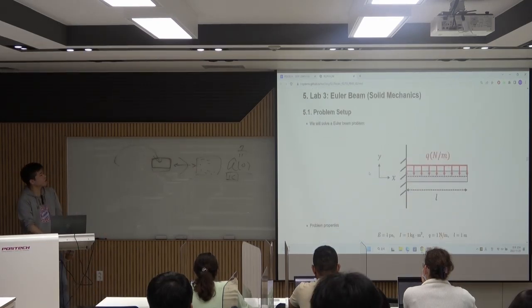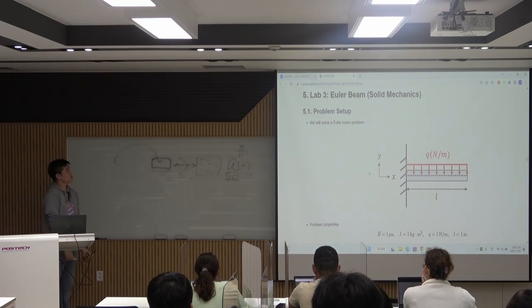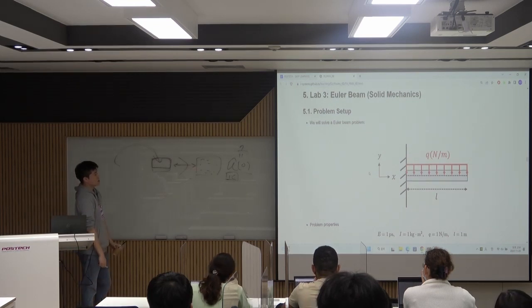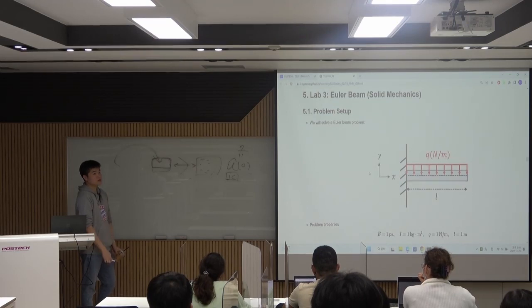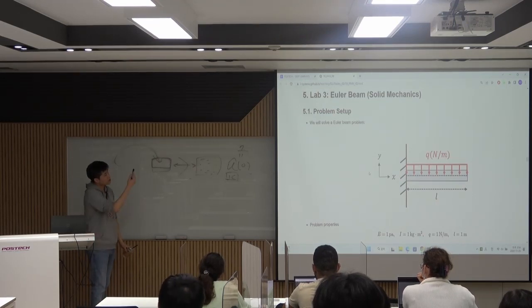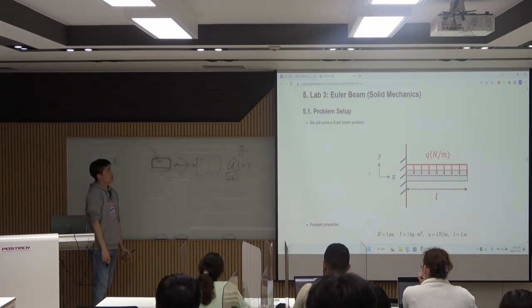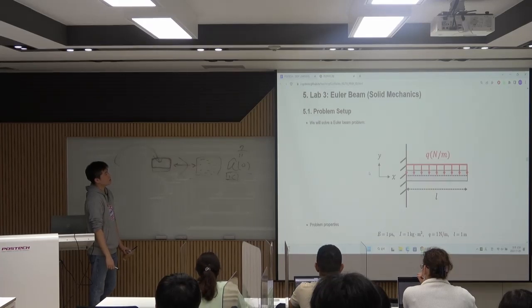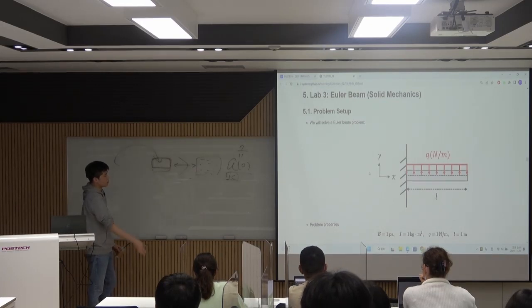Now we're going to go on to some solid mechanics. I'm not going to talk about the details of mechanical engineering or solid mechanics because I know half of you are not from a mechanical engineering background. So I'm going to just briefly explain the problem and keep going.